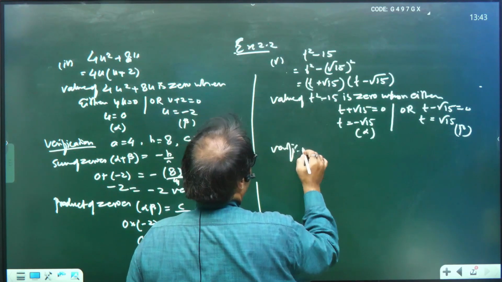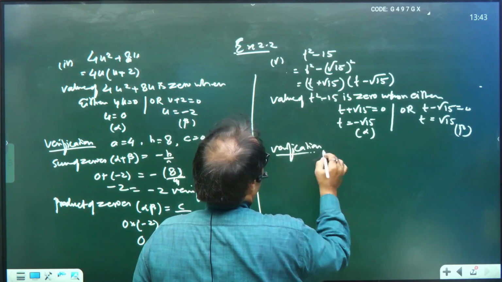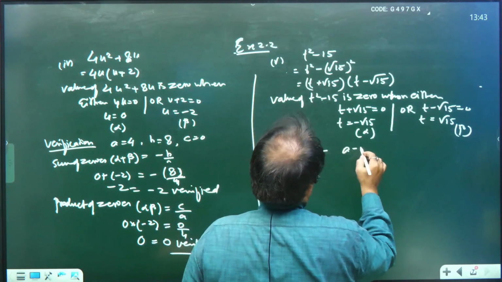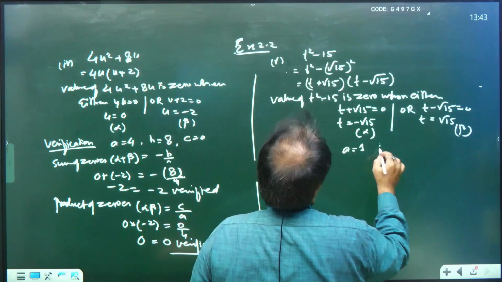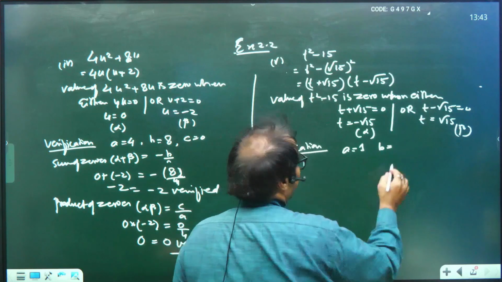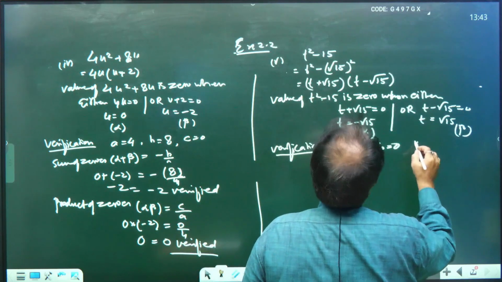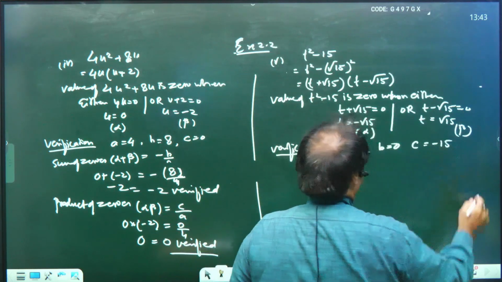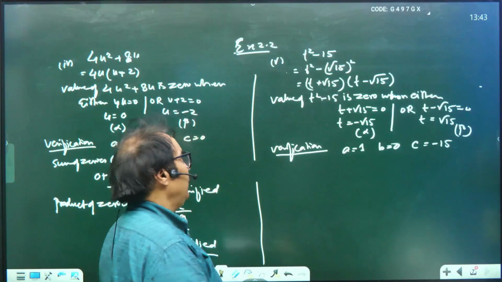So for the verification, find the values of a, b, c. So a is the coefficient of t square, that is 1, and there is no coefficient of t, so b will be 0, and the value of c is minus 15. Now verification.